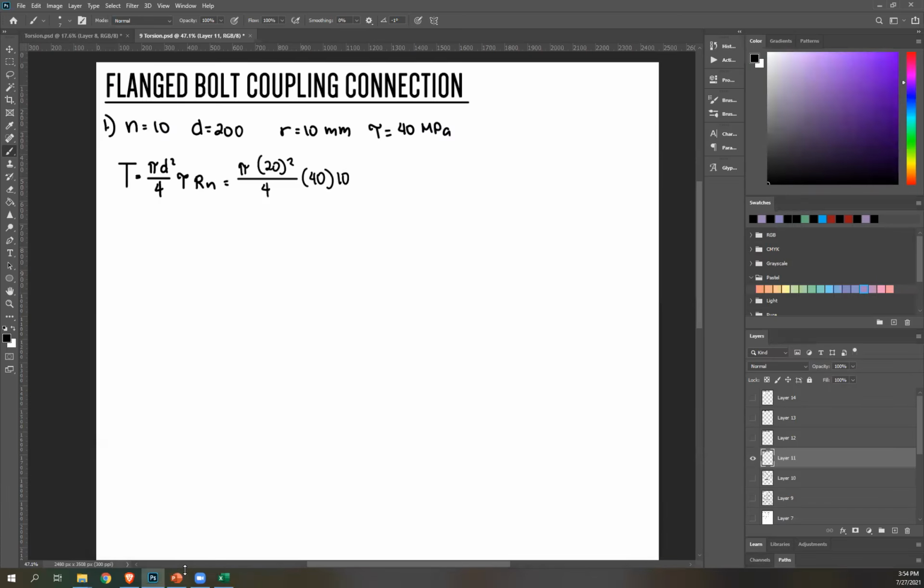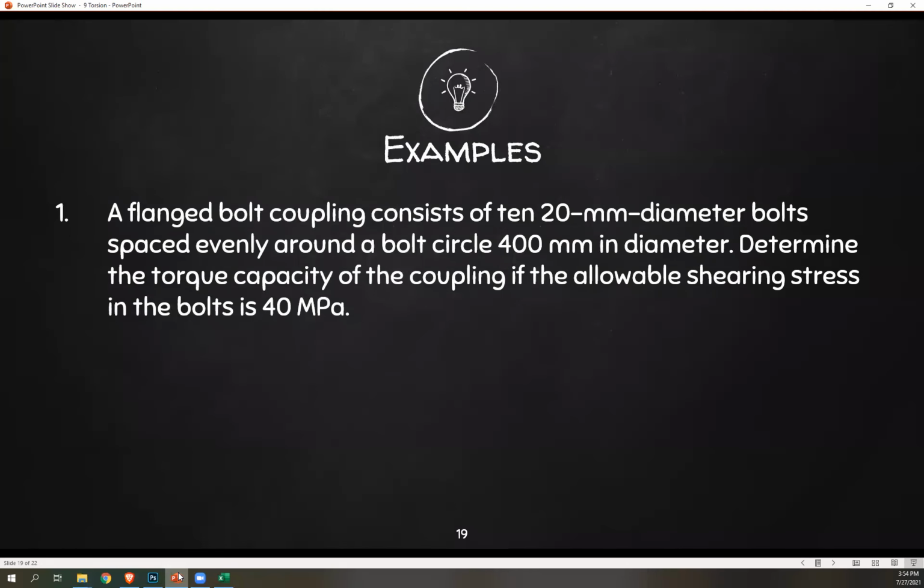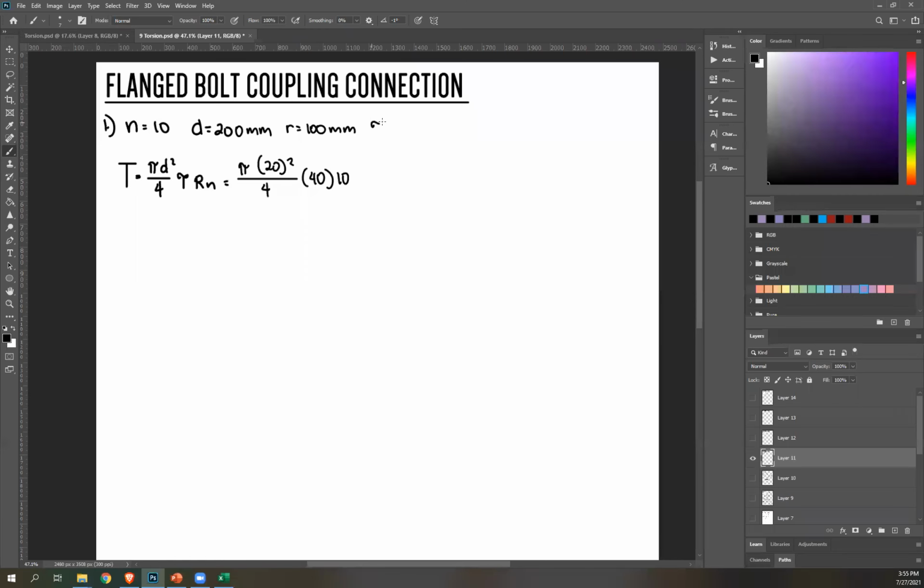Okay. So 200 millimeter, not 20. So R is 100 millimeter. Shear stress, 40 MPa. So these are the dimensions of your actual bolts.